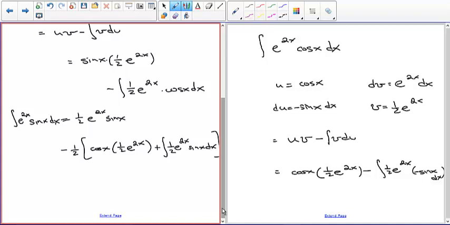So what I can do is move that to the other side and group the two terms that are the integral of the sine of this thing. You've got negative 1/2 here times positive 1/2, so that'll be negative 1/4. And when you move it to the other side, it becomes positive 1/4. So on the left-hand side, we'll have the original integral plus 1/4 the original integral.